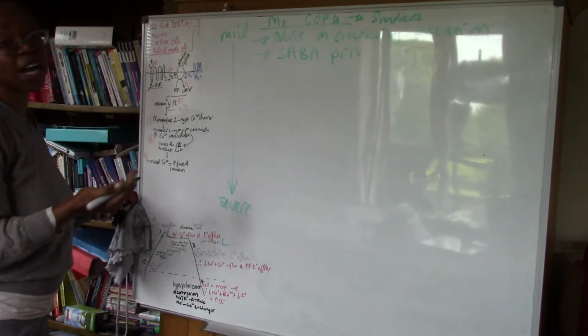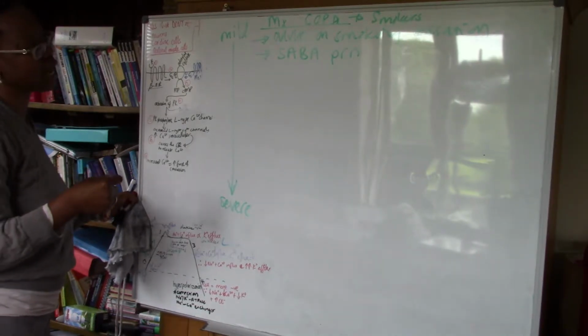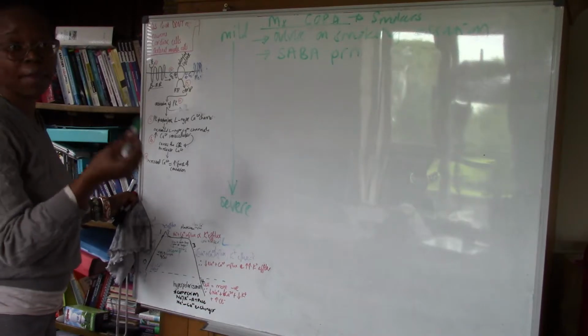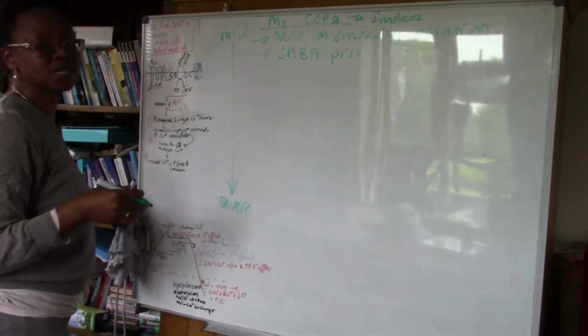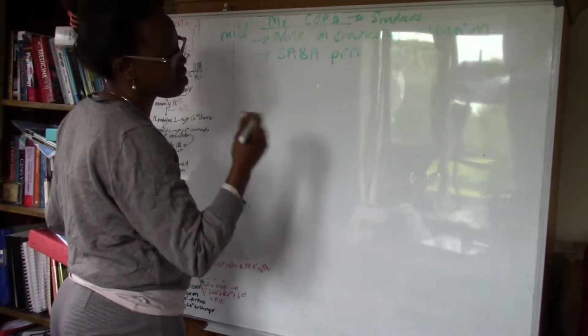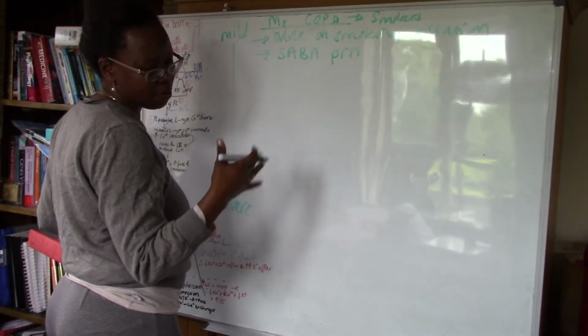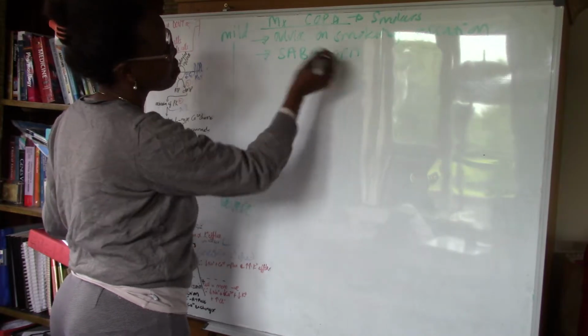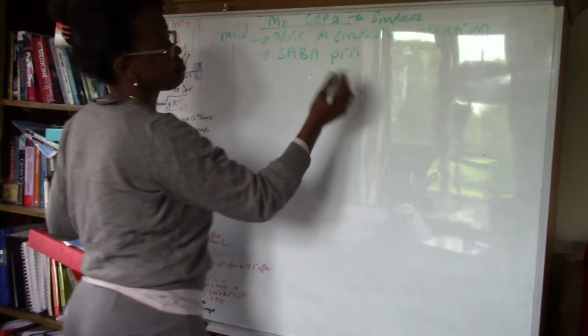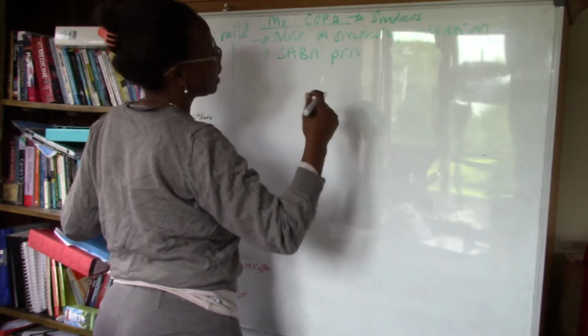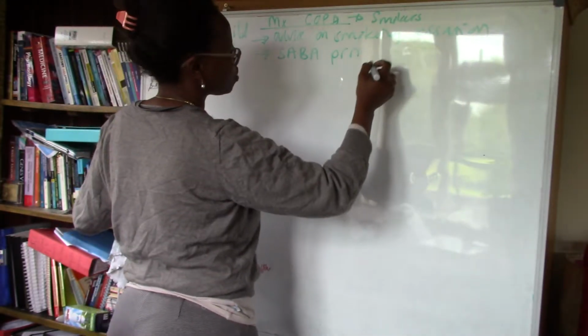Usually some people might want to have it before they take exercise, or they might want to take it after exercise, depending on their symptoms. If they really feel breathless after exertion, then they might want to take it before to prevent that, or use it as a reliever afterwards.